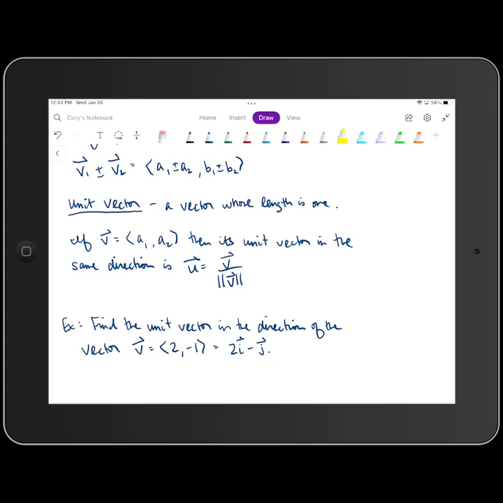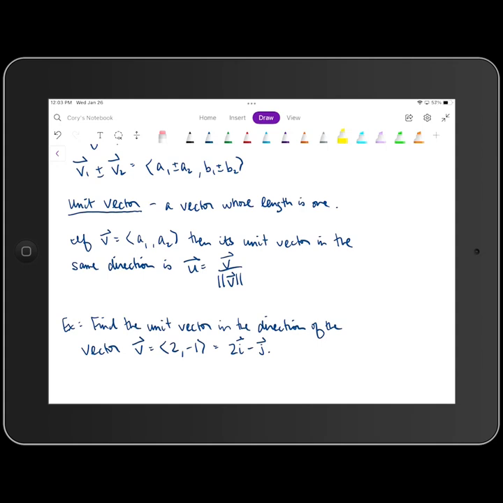We can also express that vector using the standard basis vectors, where we can write that vector as 2 times vector i, which again, vector i has first component 1 and second component 0, minus vector j, which has first component 0 and second component 1.